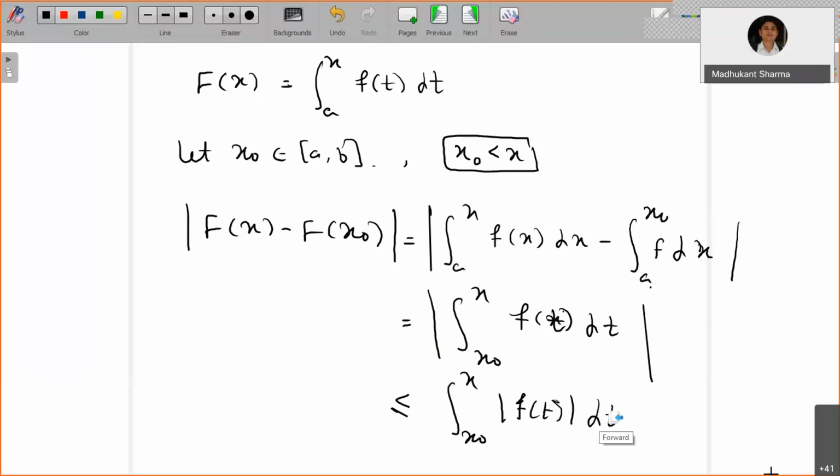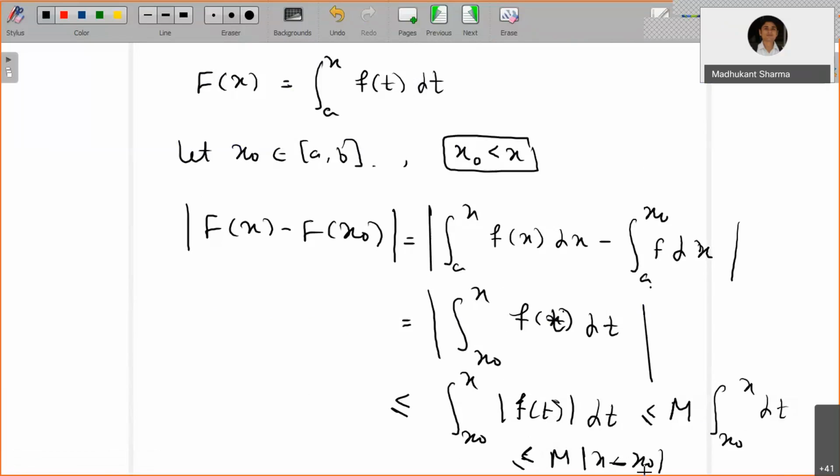Now f is bounded, so certainly this is less than or equal to m times the integration from x naught to x of dt. So that is less than or equal to m times mod of x minus x naught.